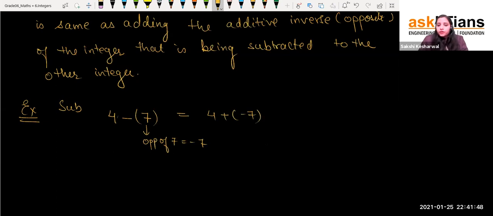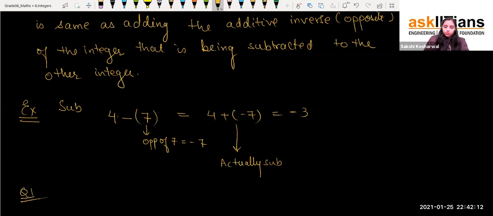Now you will actually be subtracting. 4 minus 7 is 3, and since 7 is greater, the answer is negative 3. Right? This is the first question.